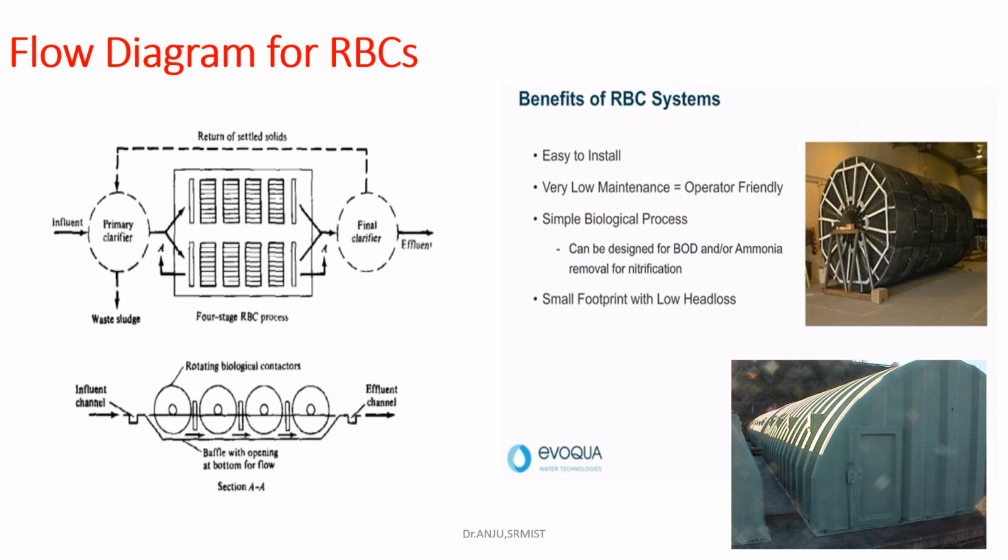So rotating biological contactor is a type of aerobic process, and the method is an attached biological process method. Here you can have a series of biological reactors. From that, the treated effluent enters into the secondary clarifier for further treatment.